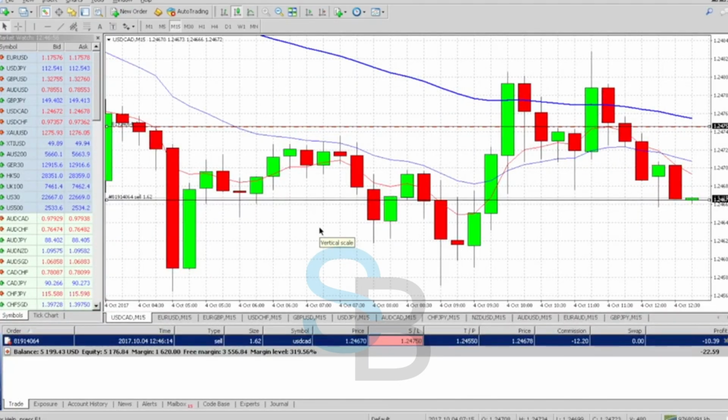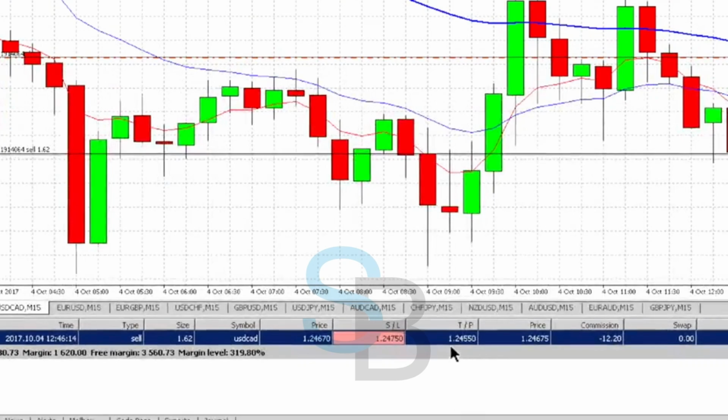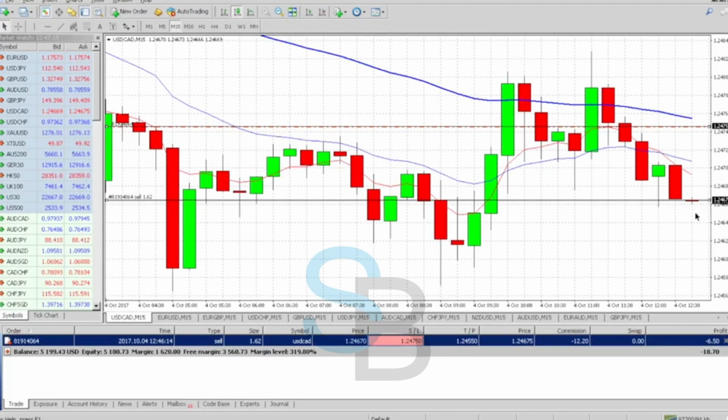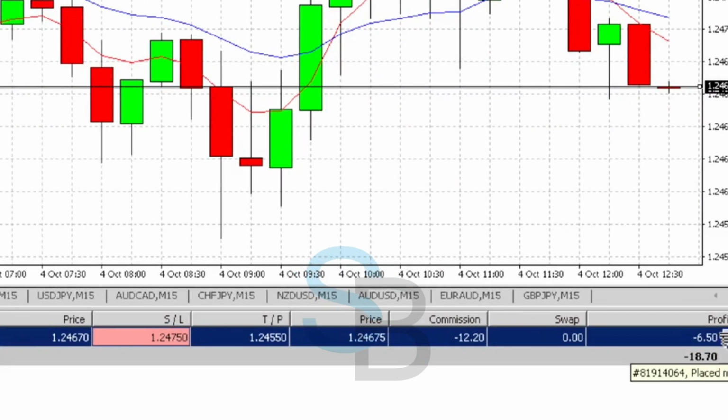There we go. So my order is in, and you can see I'm in the trade right now. Okay, I've already sold it at 2467. My stop loss is 2475. Take profit 2455. And as it goes down, you can see my profit will be positive.